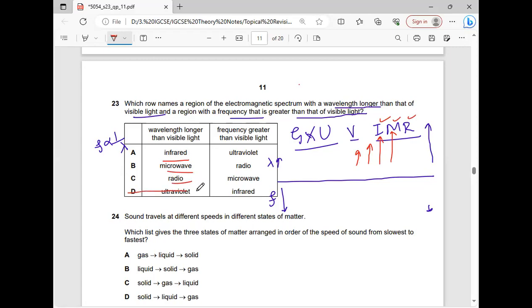So this option has been eliminated. And the region of frequency that is greater than visible light: as we move from ultraviolet to visible light, frequency decreases. So these two options are now eliminated. So option A is the correct answer. You have to learn the sequence of the parts of the spectrum: gamma, X-rays, UV, visible, infrared, microwaves, radio waves.